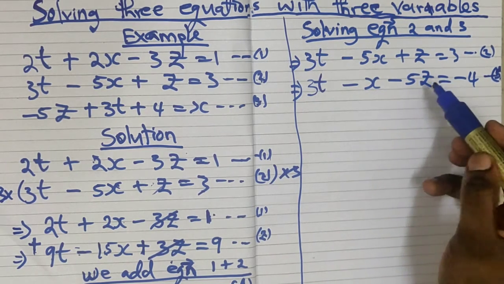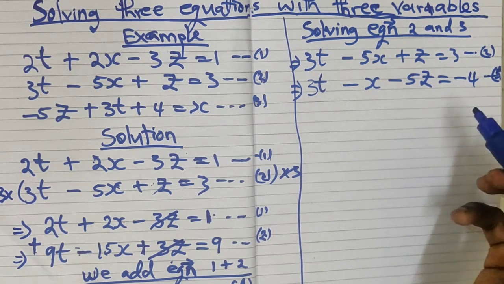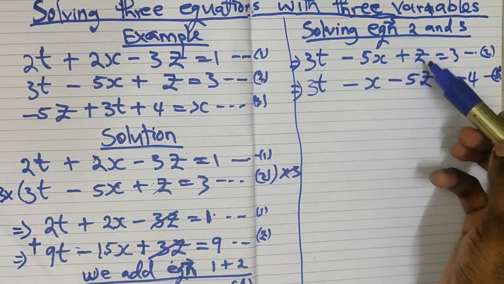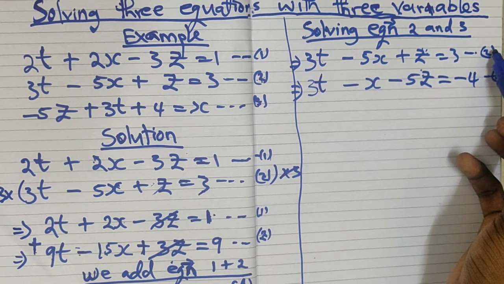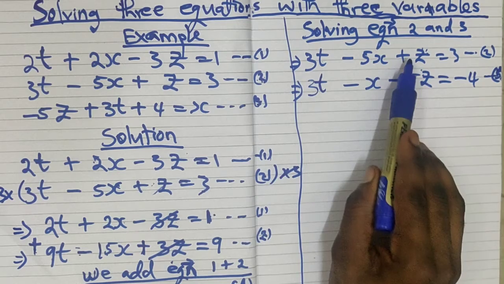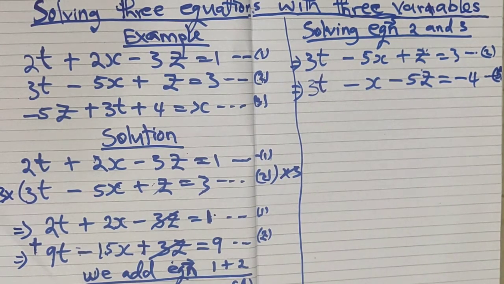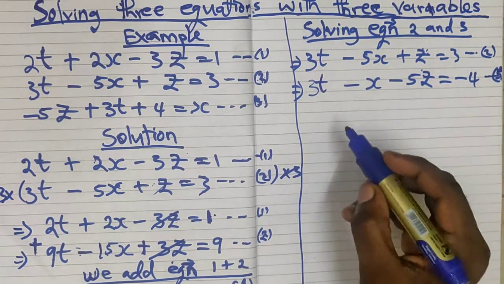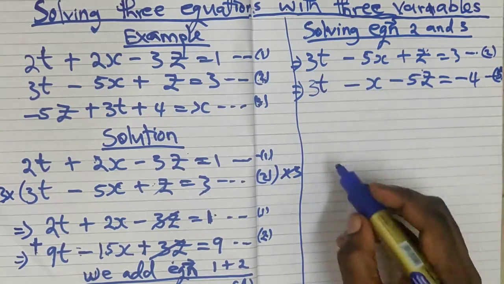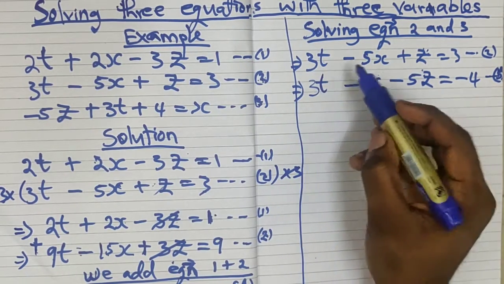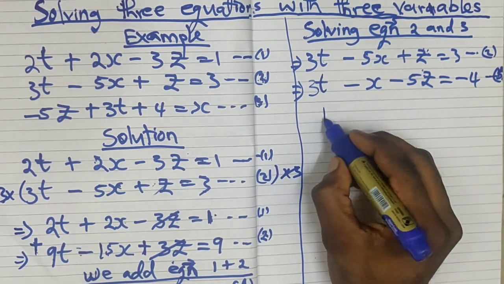Now we are going to eliminate one of the variables here. So if you look at this one, it's very easy to eliminate this one. So if we multiply equation 2 by 5, we are going to have here 5z. In such a way, the two of them can become 0. So let's say we multiply equation 2 by 5.